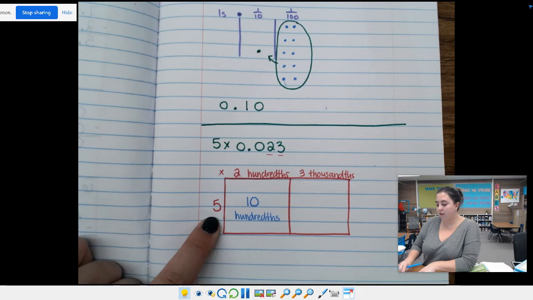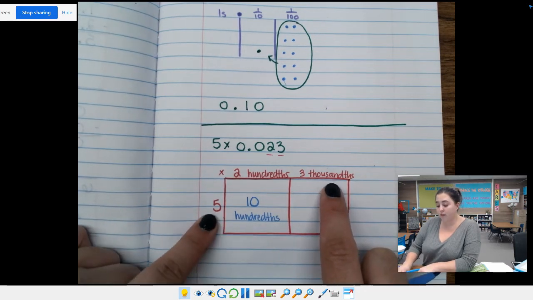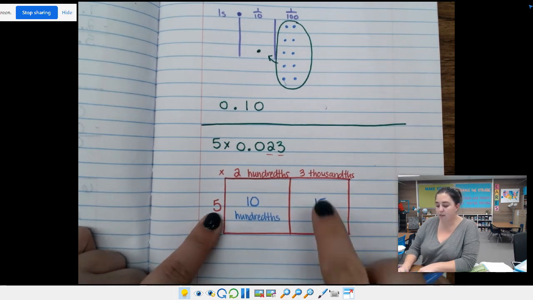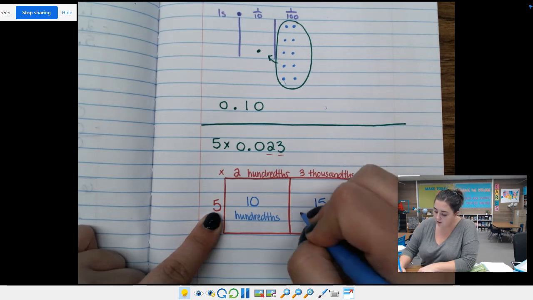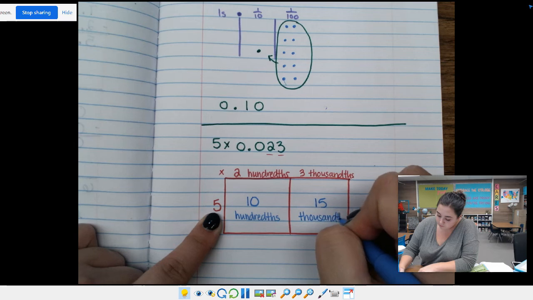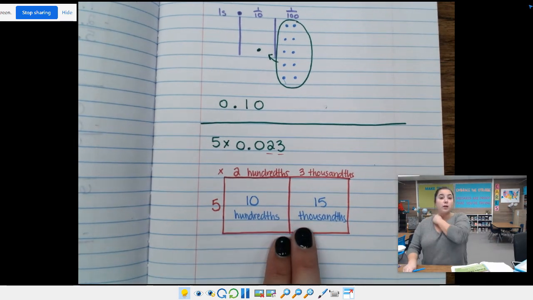Now let's take our 5 and multiply it by our 3 thousandths. I know 5 times 3 is 15. So 5 times 3 thousandths must be 15 thousandths.